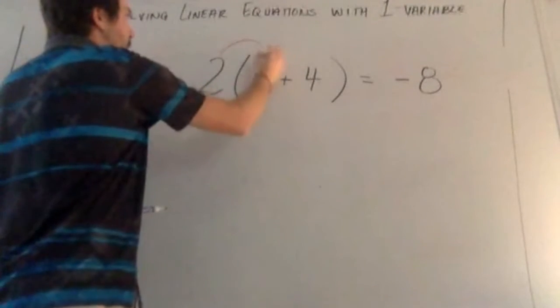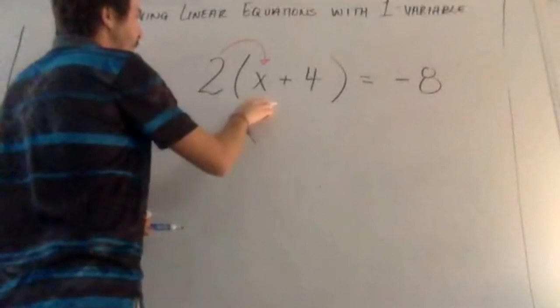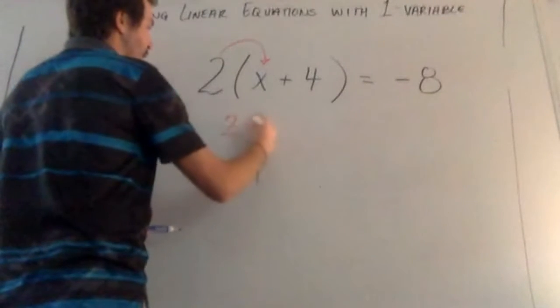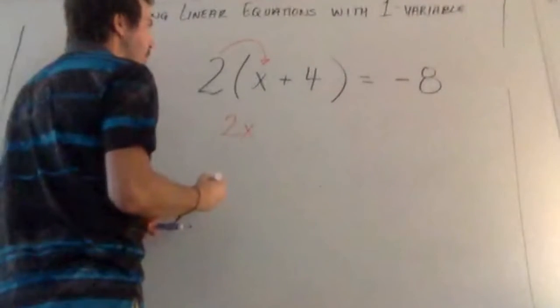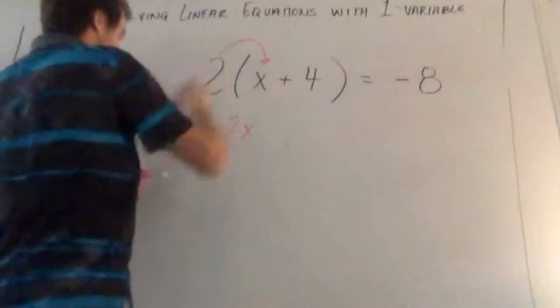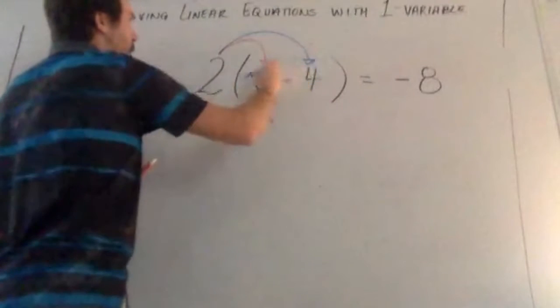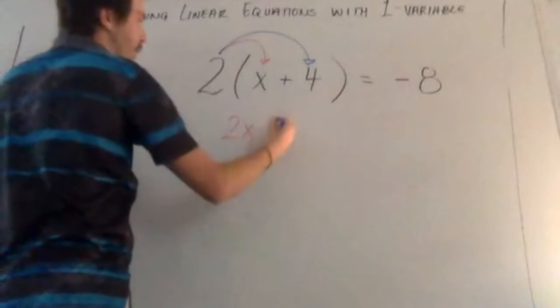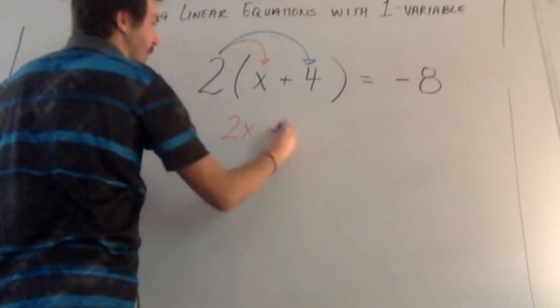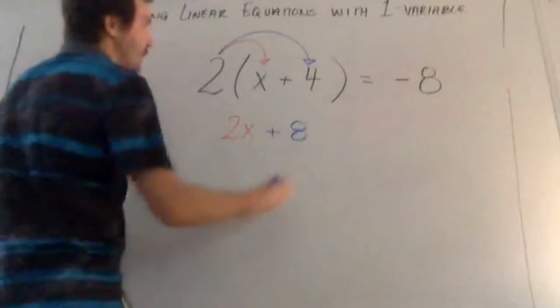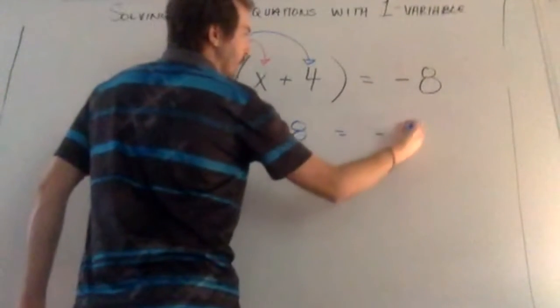Remember using our arrows, we have how many x's? 2 times x, we would have 2x. Then we also have to distribute our 2 to this 4. So 2 times positive 4, which would be positive 8. And that all equals negative 8.